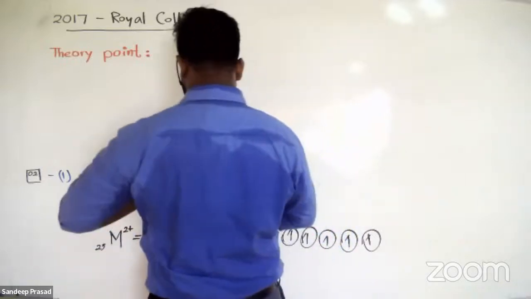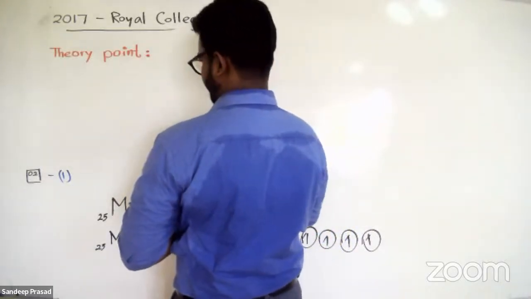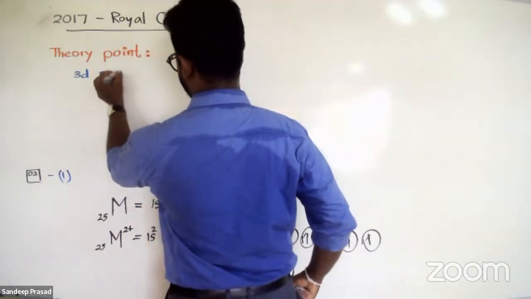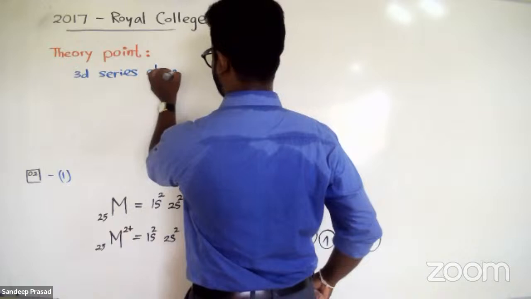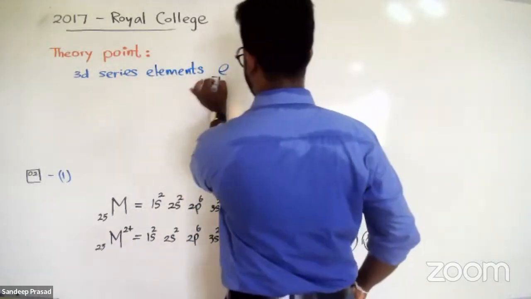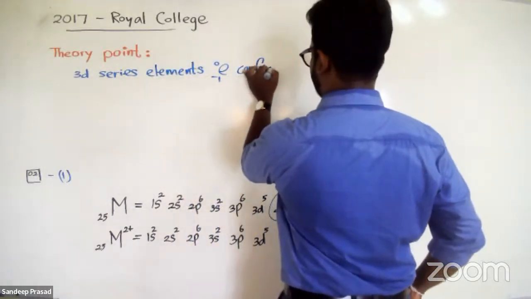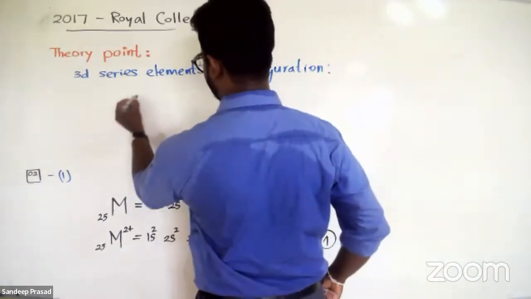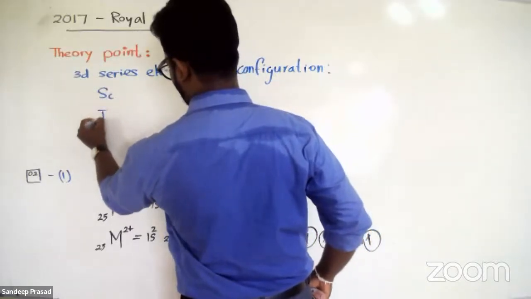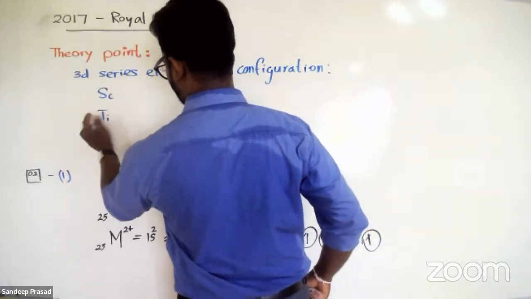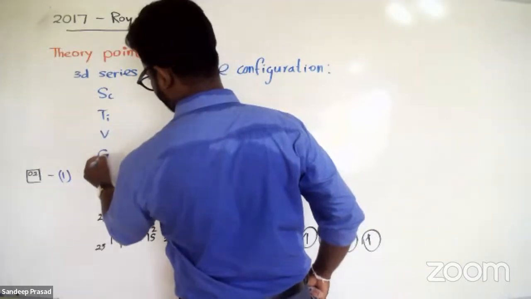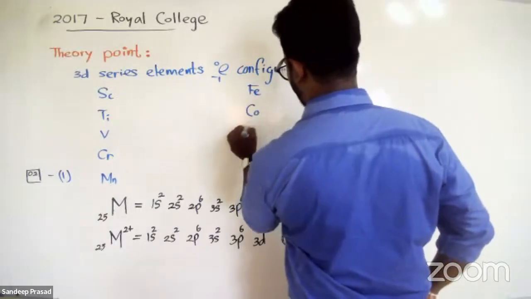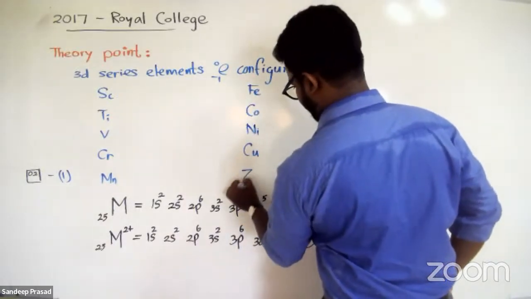The theory point that we are going to learn here is 3d series elements, electron configuration. So what are the elements first of all? Scandium, titanium, vanadium, chromium, manganese, iron, cobalt, nickel, copper, zinc.